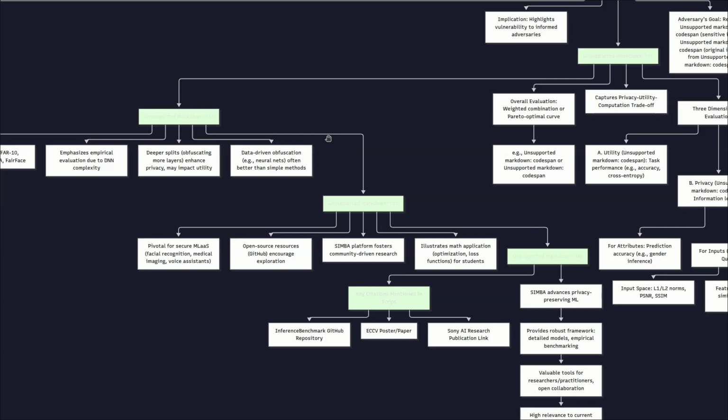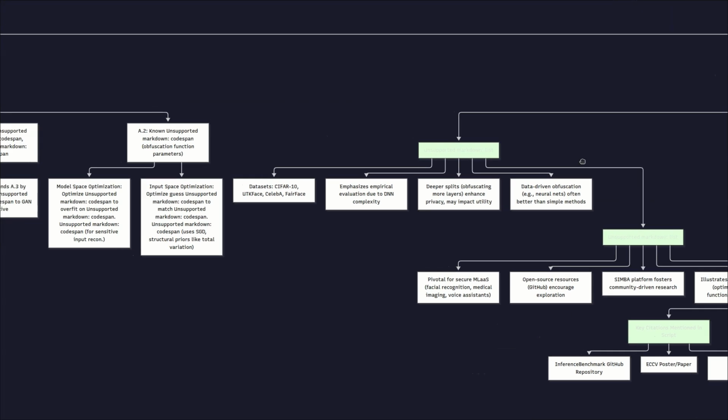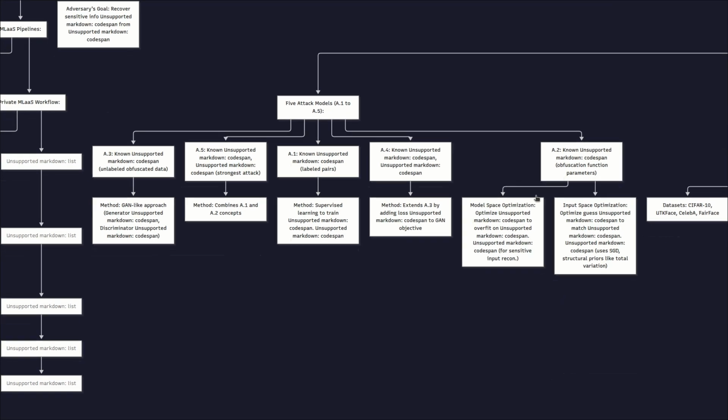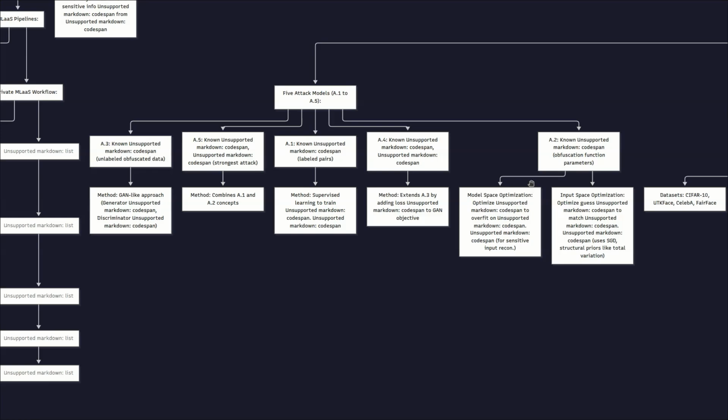Split layer impact: deeper splits in neural networks like ResNet 18 reduce reconstruction quality, enhancing privacy but potentially lowering utility. Attack performance: stronger attacks like the fifth one, which will be provided in detail, achieve better reconstruction, but their success decreases with deeper splits.